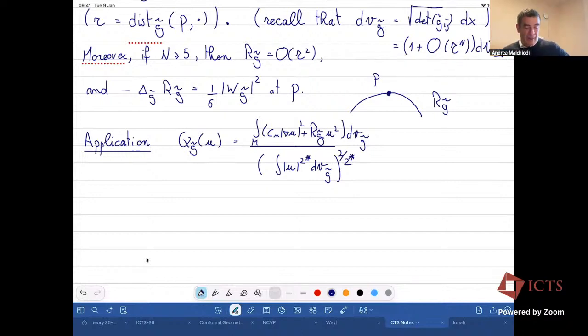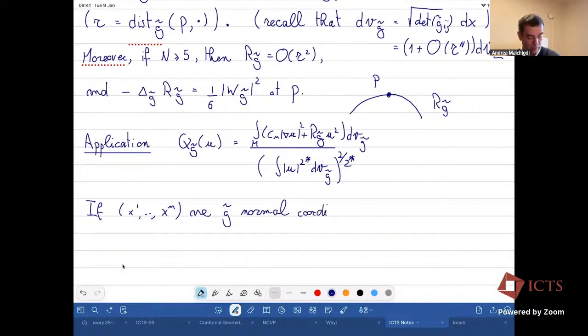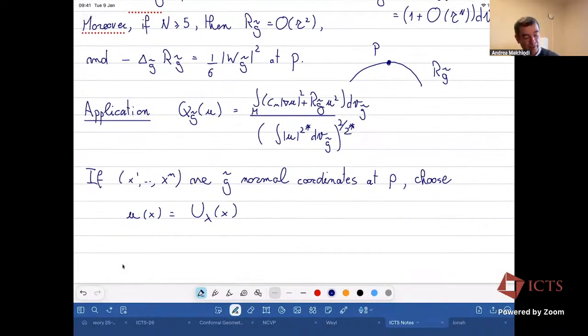Okay, so now, if we have coordinates x1, ..., xn, say g tilde normal coordinates at P, we can choose the test function u to be the Euclidean extremal in these coordinates, okay, for lambda large.